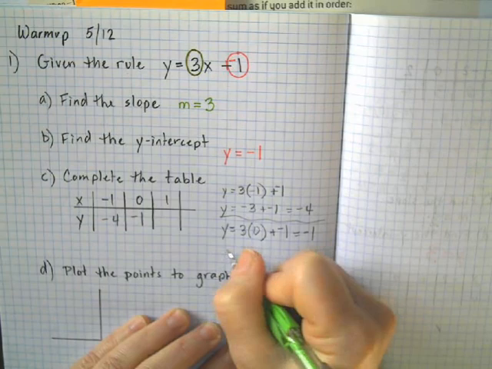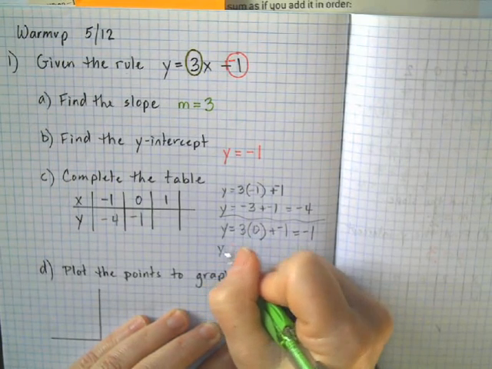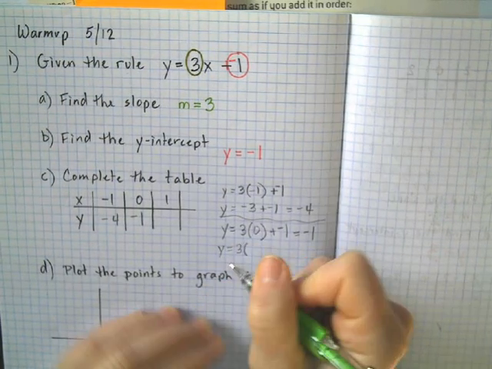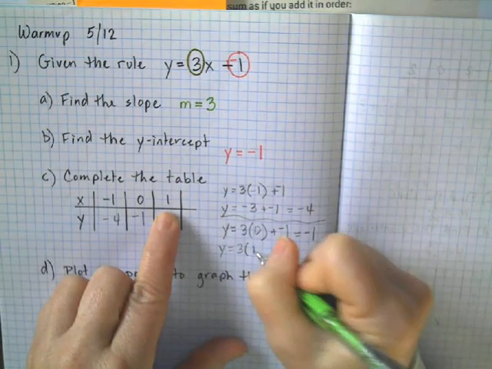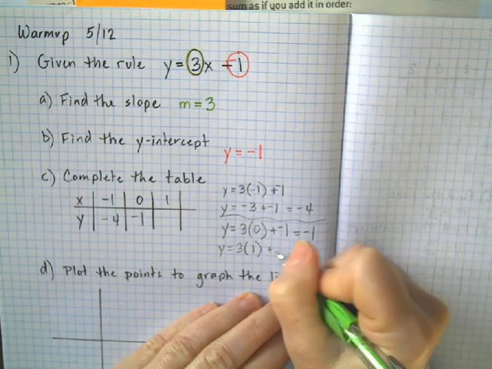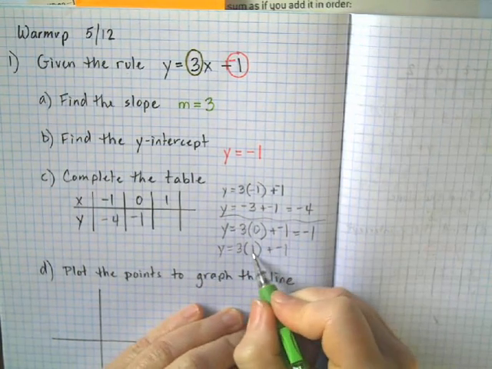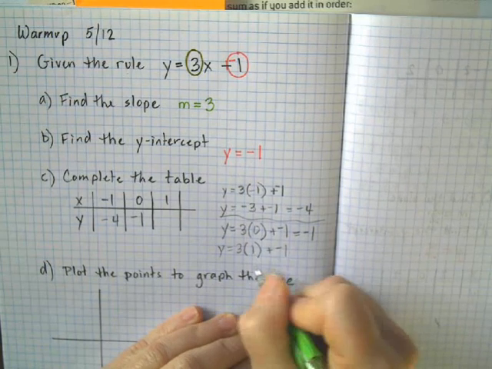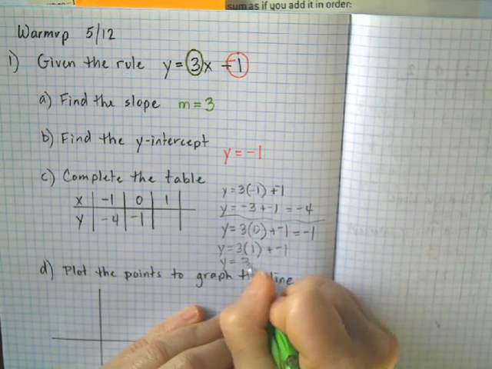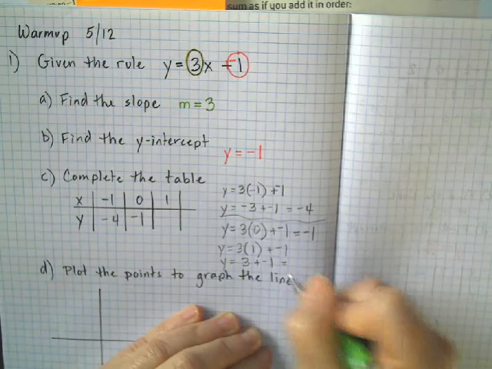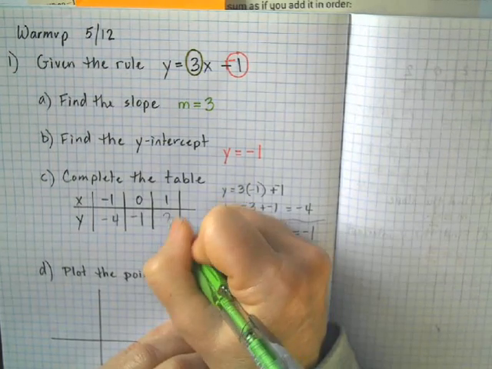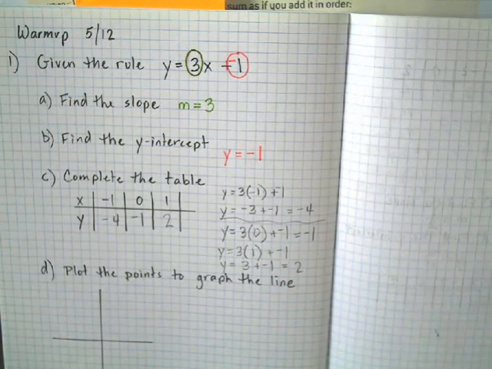And then the last one, y equals 3 parentheses x. x is 1 plus negative 1. 3 times 1 is 3. So I get y equals 3. 3 plus negative 1 is positive 2. All right, so let's go ahead and plot those points.